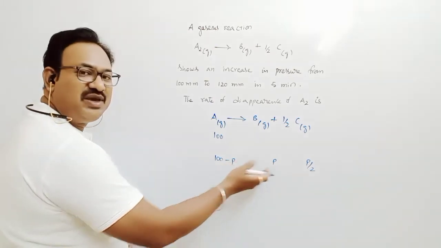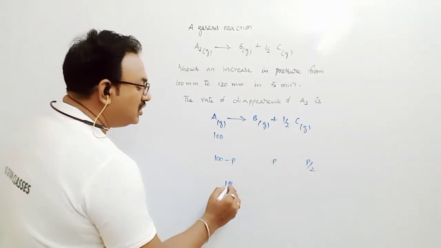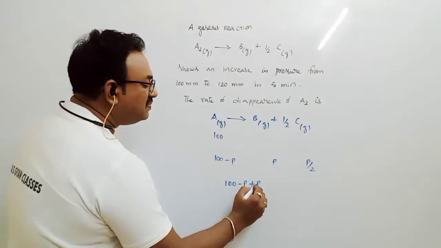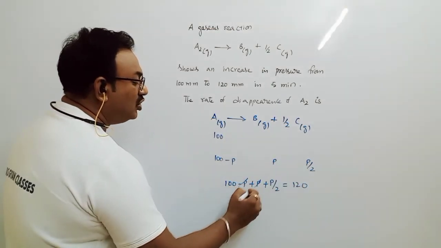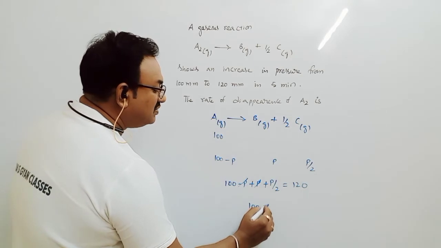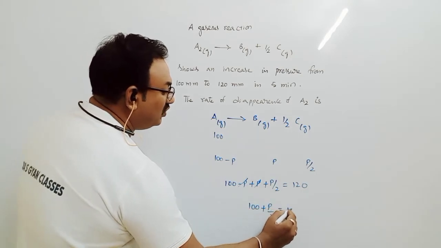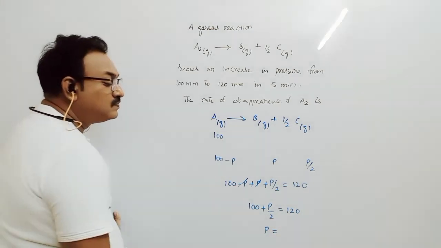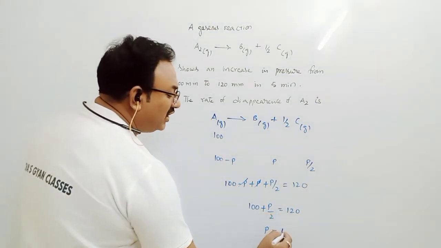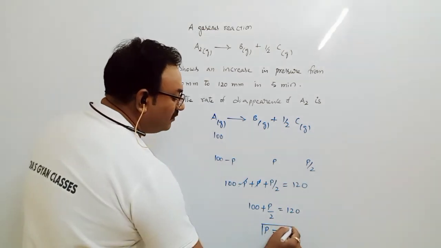So 100 minus P plus P by 2 is equal to 120. So 100 plus P by 2 is 120. So P is equal to how much? It will be 40. P is equal to 40.